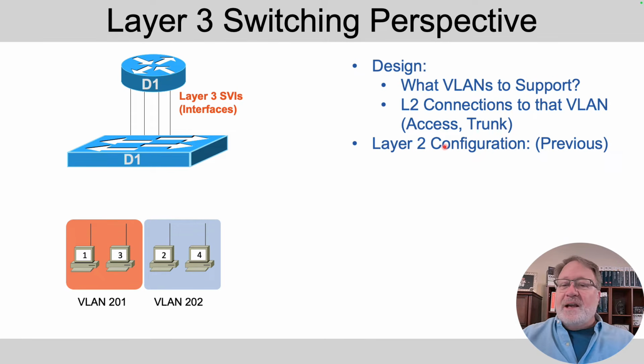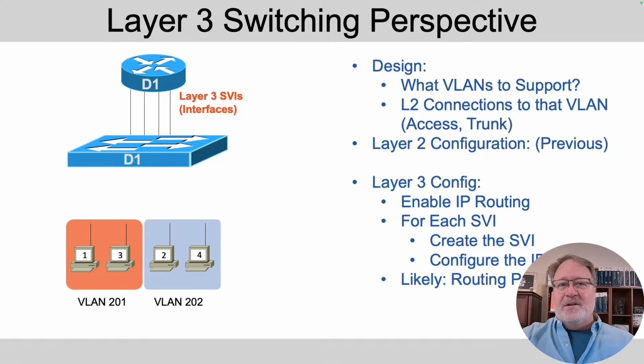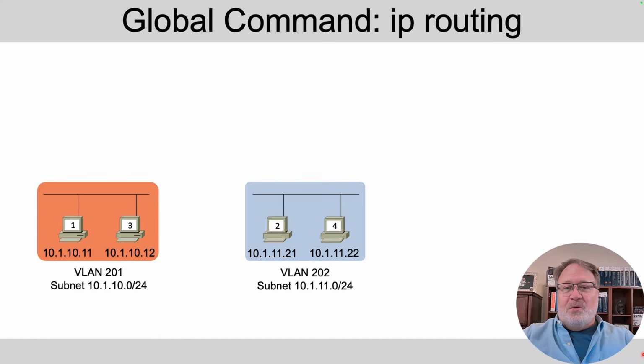And then for the layer 3 part up here, you've got to, quote, enable IP routing. For each SVI, create the interface, configure an IP address on the interface. And then you're probably going to configure a routing protocol so you can learn routes from other routers and tell them about your routes.